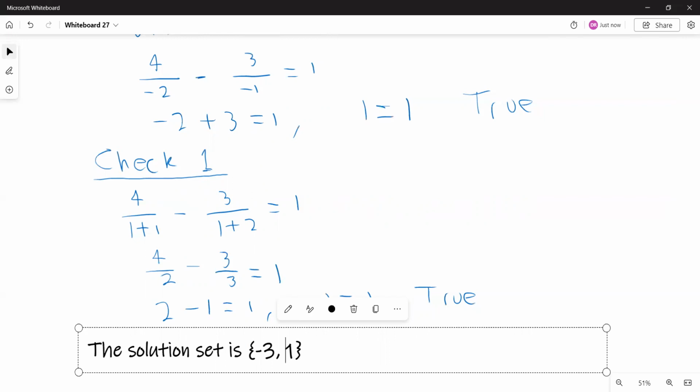Okay, and I'm going to do 2 examples. I'm going to do an application of rational equations. An application is to work rate problems.